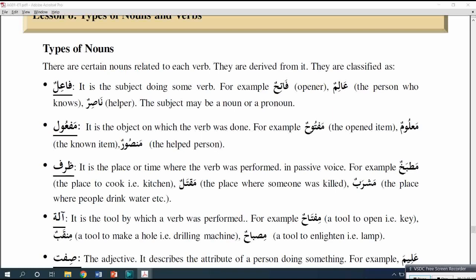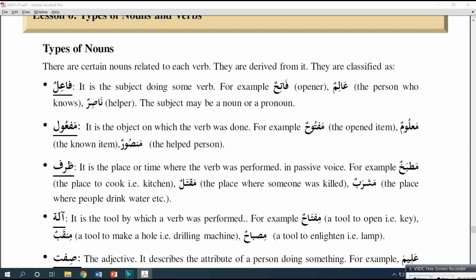Maftuh means the door that has become open. Alimun means the person who knows. Ma'loom means the known items, which are known by another person. This is the opposite. So fa'il is the person who is taking action, maf'ul is the one on whom this action is taken. Like mansur, the person who is helped, and nasir, the person who is helping him. So this is the difference.